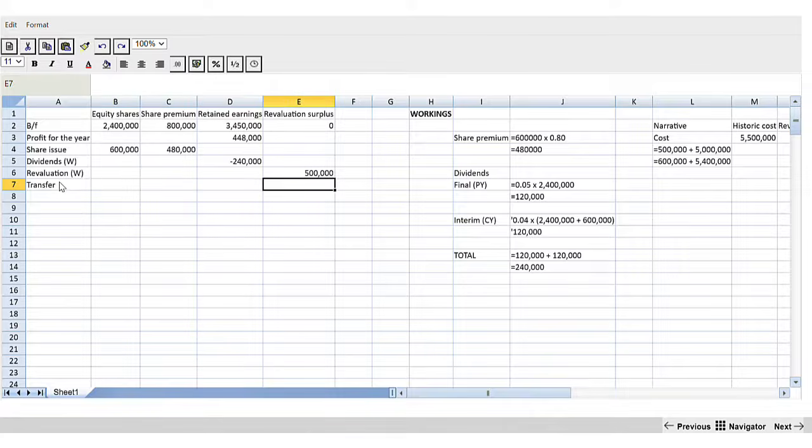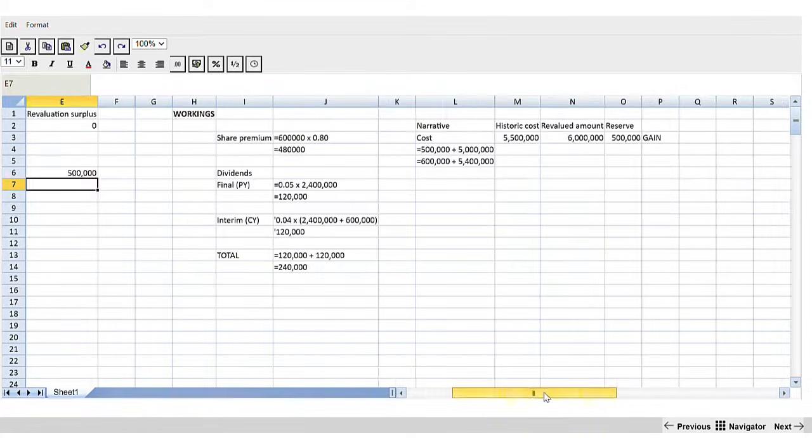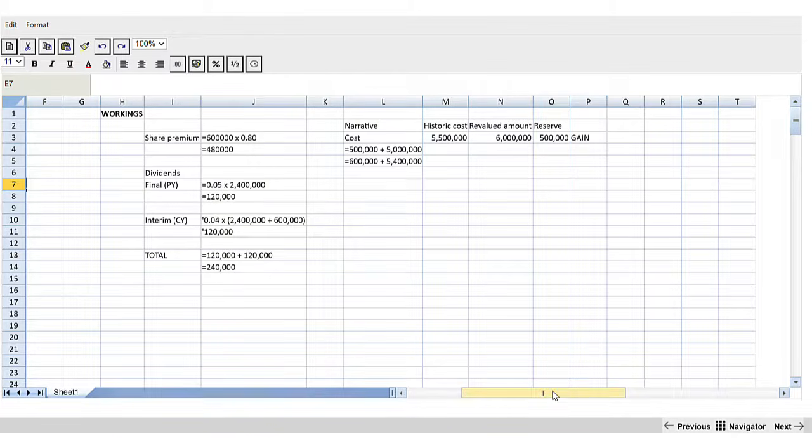I then have the reserve transfer, don't I? I don't know what it is with the reserve transfer. Everybody gets really, really excited by it as if it's some wondrous piece of accounting. But if we look at the transfer, what we're looking at is the old depreciation compared to the new depreciation.